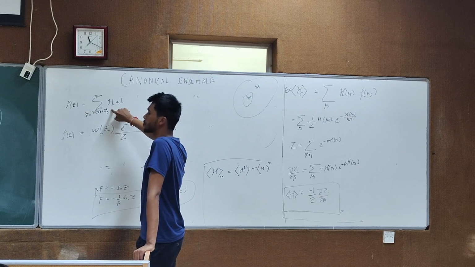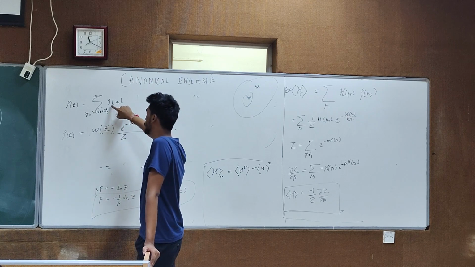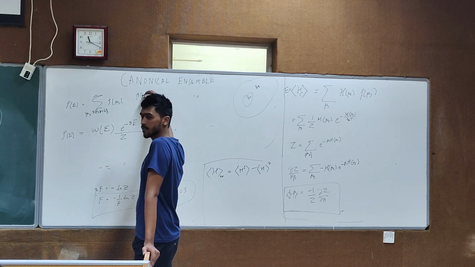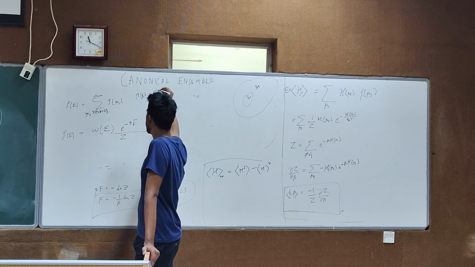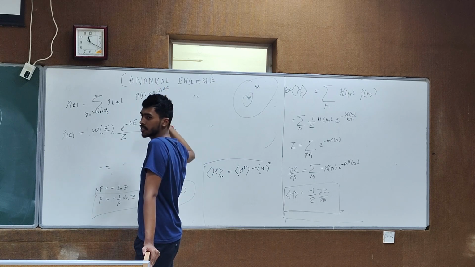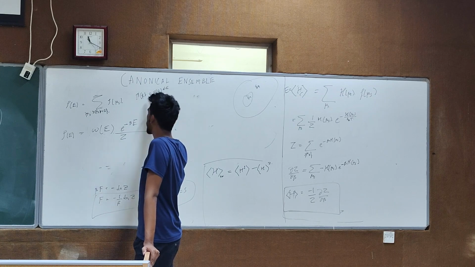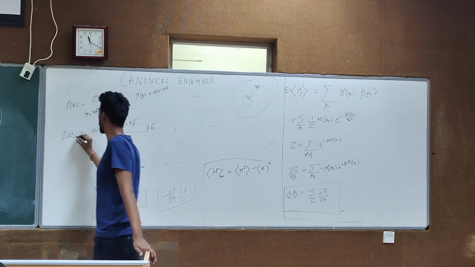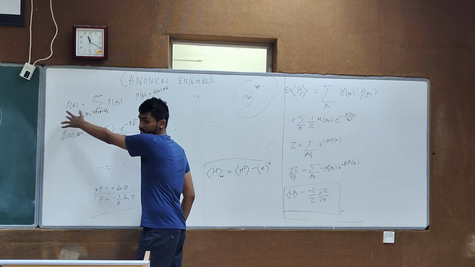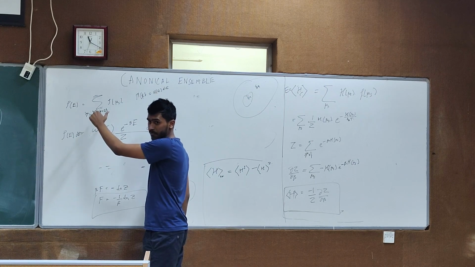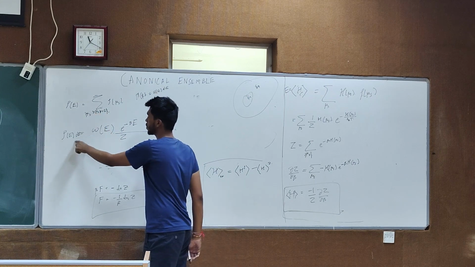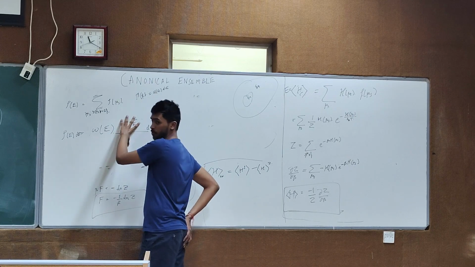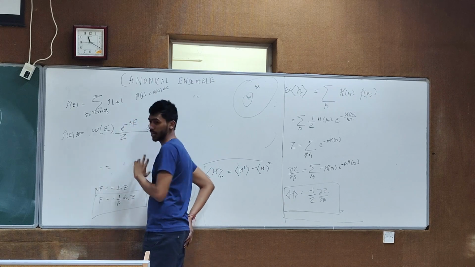The number of states lying between E and E plus dE is gamma of E, which is omega E dE. And omega E dE times this probability would be the probability that your energy lies between E and E plus dE. So your probability density of energy E would be the density of states times the exponential of minus beta E.